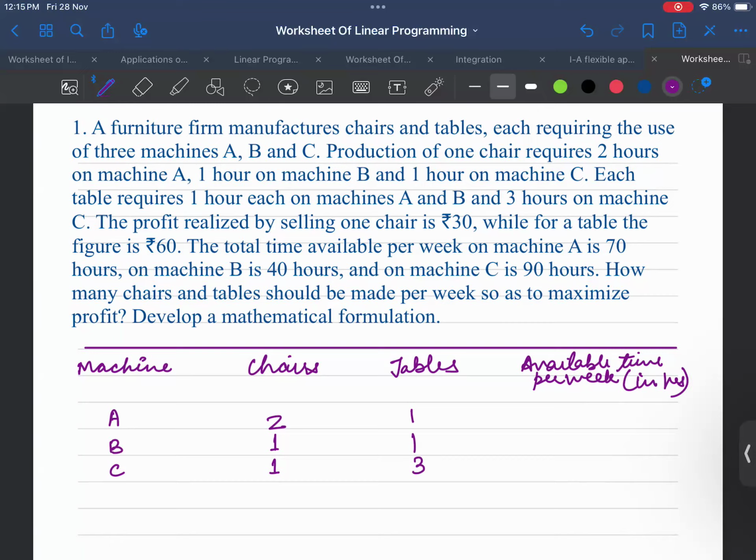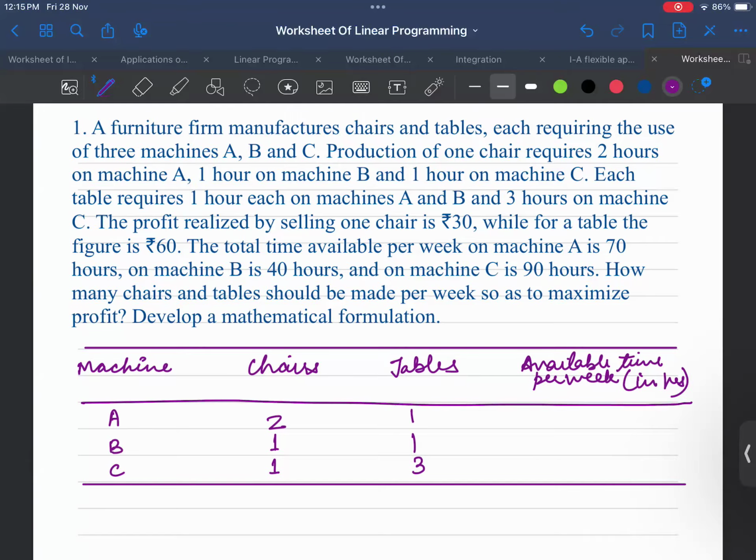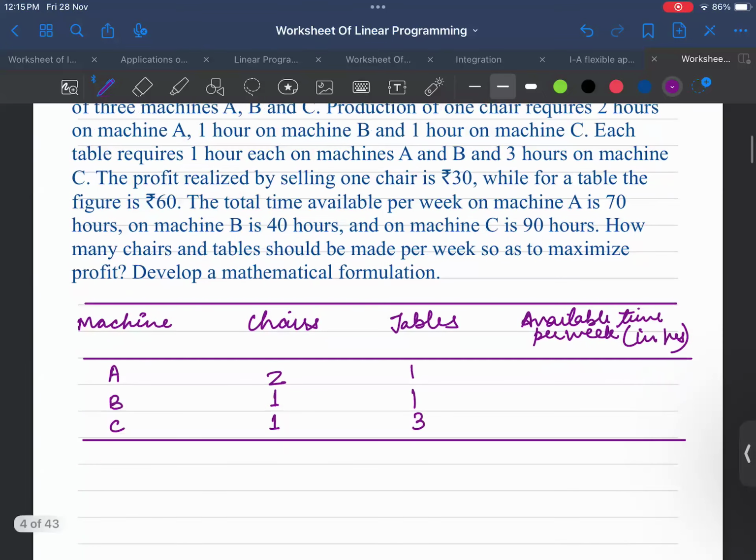Now, profit realized by selling one chair is rupees 30. We can say profit per unit.